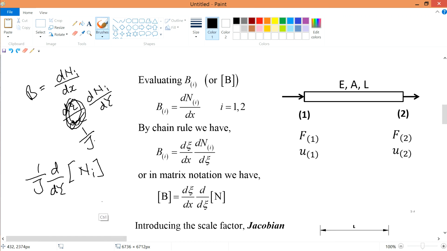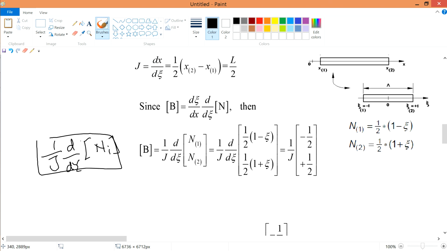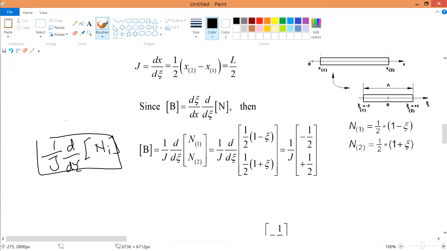I'll just leave it right here, and the steps above we have already gone through and proved to you. So this B is equal to 1 over J, d over dc, of the N matrix, N1 and N2. I hope that this is pretty clear for you.